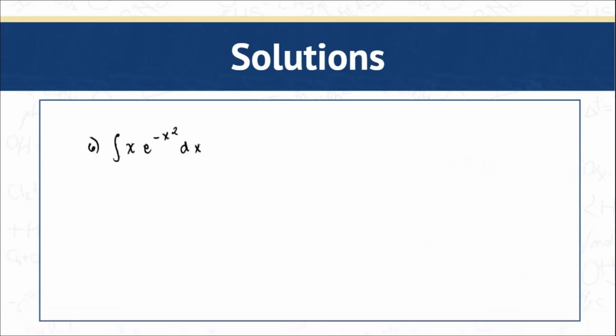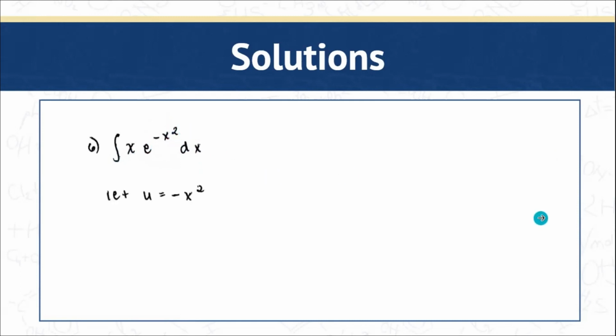And our last problem for part 1, this is the integral of x times e raised to negative x squared dx. And the part that probably makes this question harder is the exponent of e. So let's try letting that be equal to u.